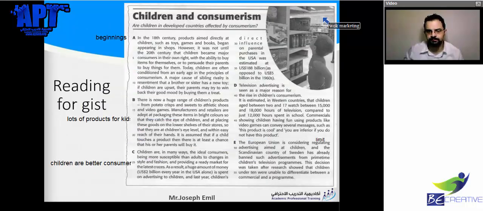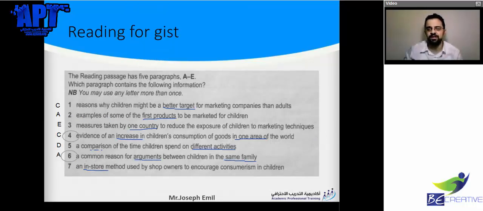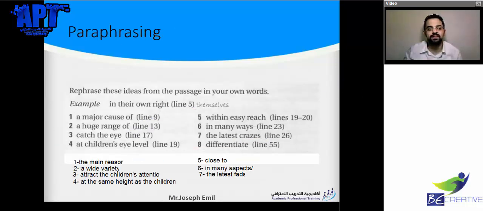Differentiate, line 55, here we are, 1, 2, 3, 4, 5. Under 10: this decision was taken after research showed that children under 10 were unable to differentiate between a commercial and a program. Wow, so children under 10 were not able to tell the difference. Number 8: the difference between a commercial and a program.